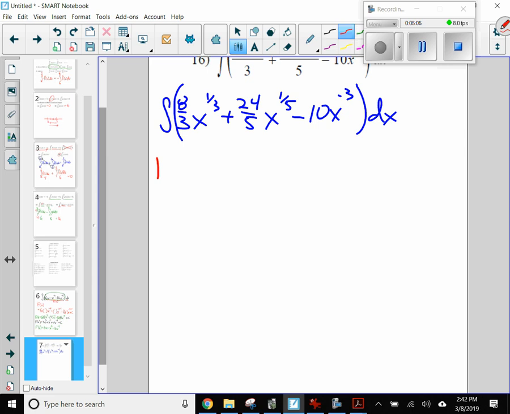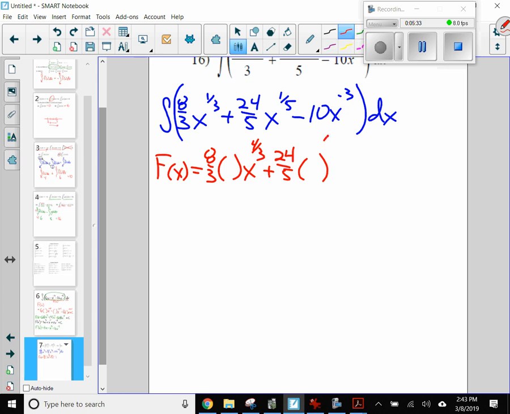And I will say big F of x is equal to 8/3 placeholder x. And I'm just going to do this adding 1 in my head. So that would be x to the 4/3 plus 24/5 placeholder.